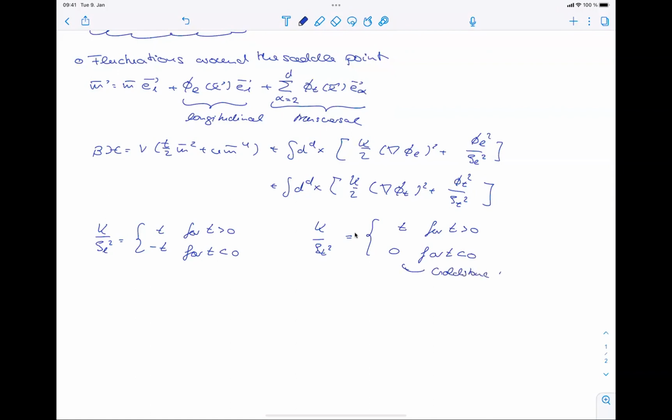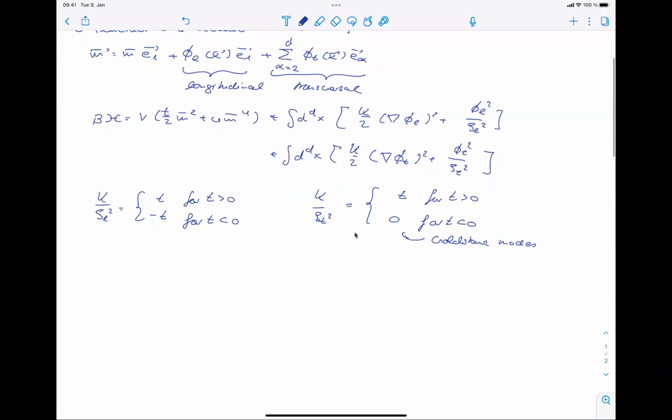This is the symmetry breaking. This allows us to generate these transversal modes.